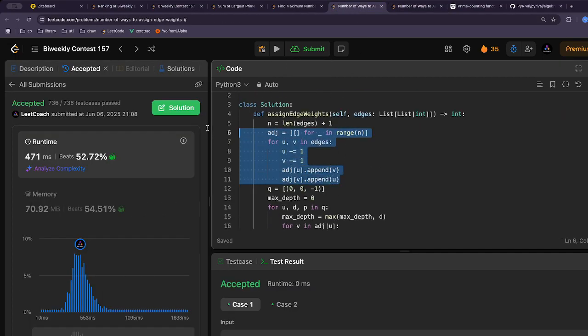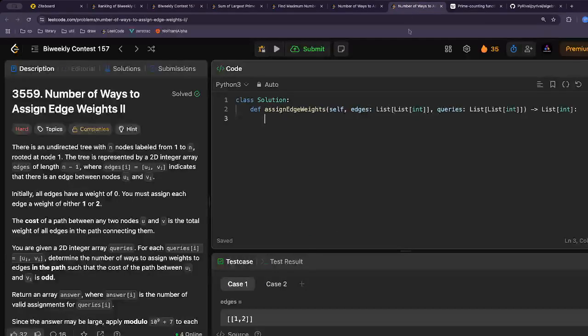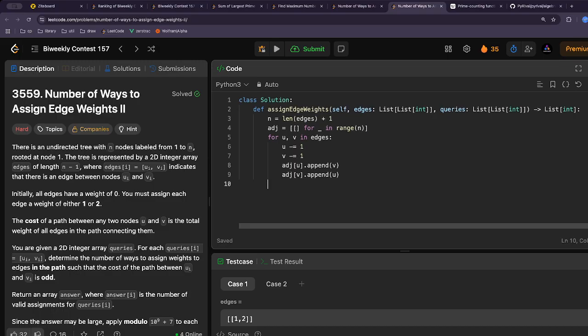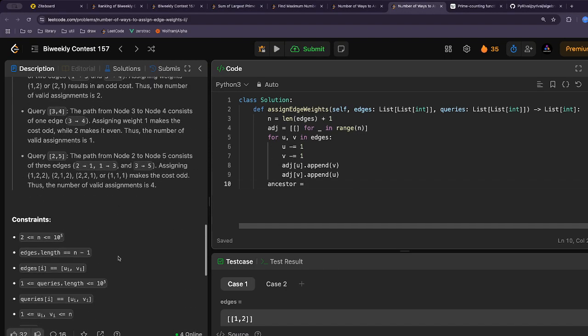So we have to do, so this is going to be the same, right? And now we want to create the ancestor table. Well, notice that the number of nodes is up to 10 to the 5th, right? So that means that we can have a jump.